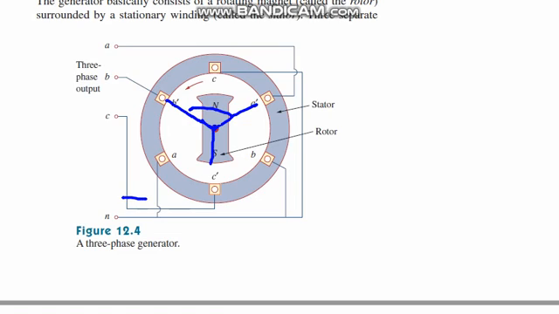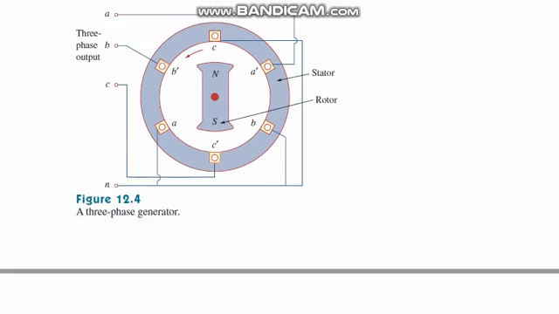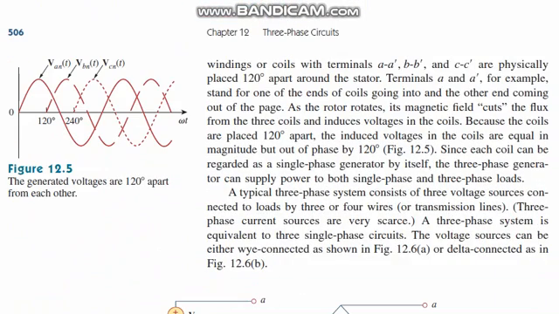When our rotor rotates from A dash to B dash, it creates a voltage from A to N, that means phase to neutral.